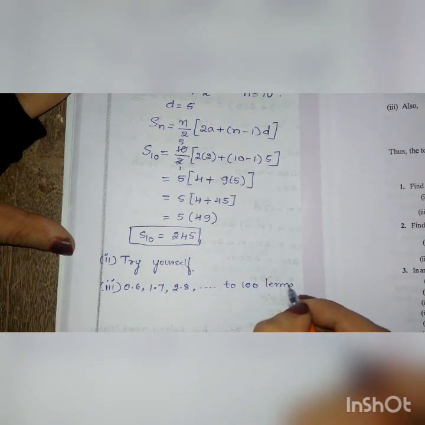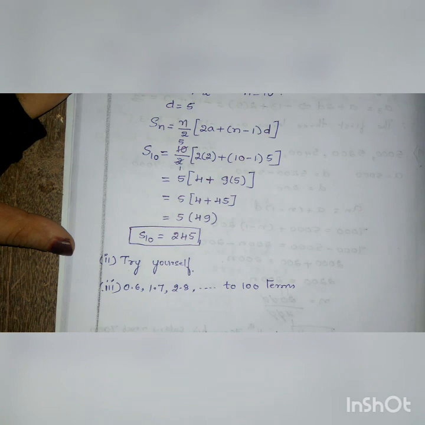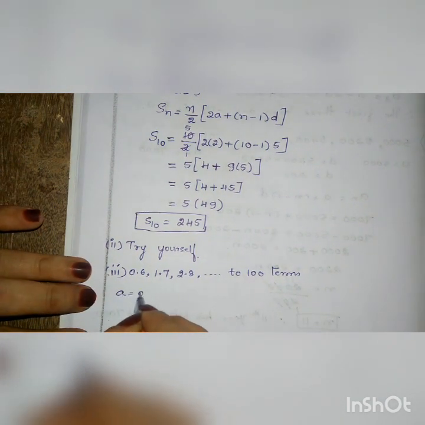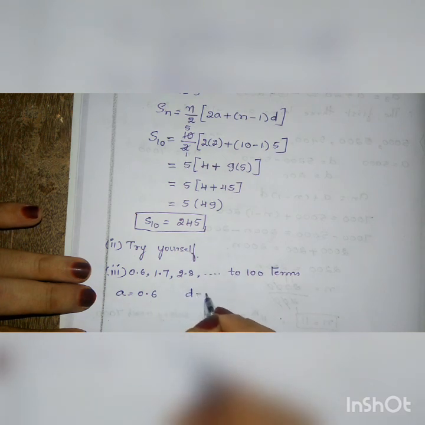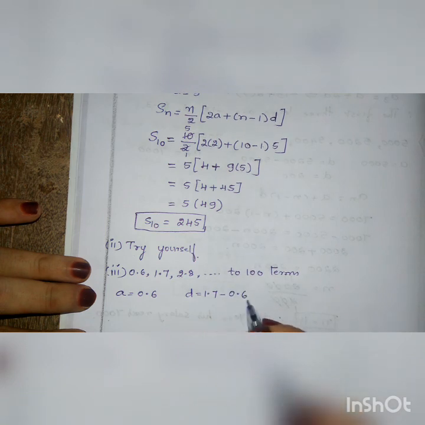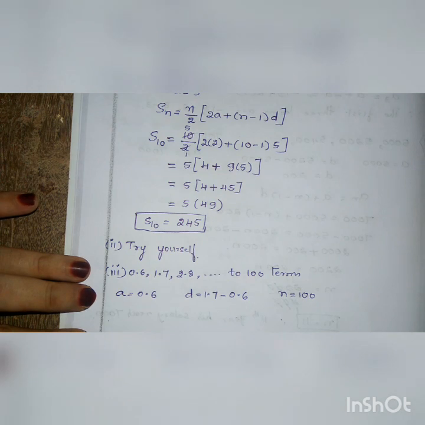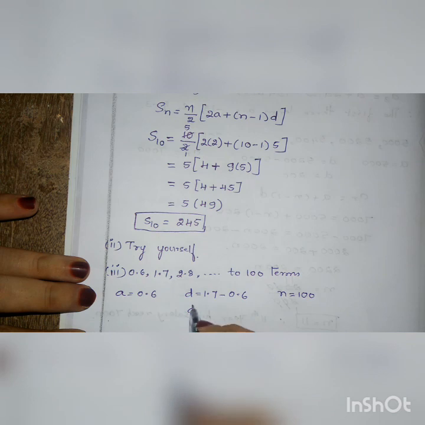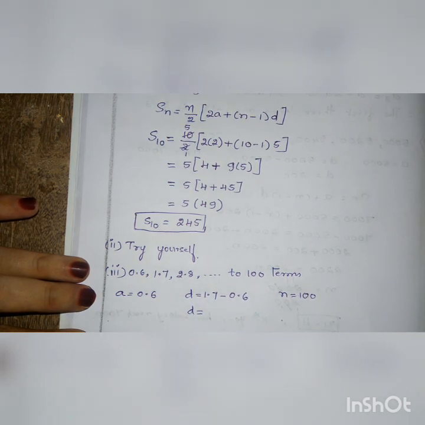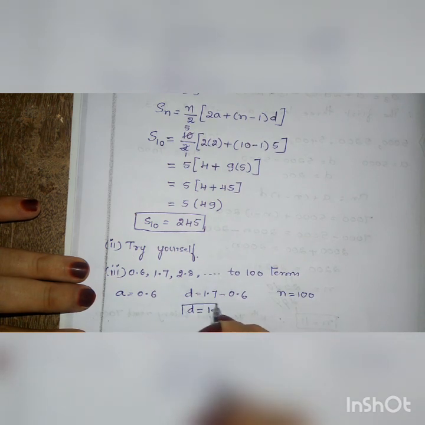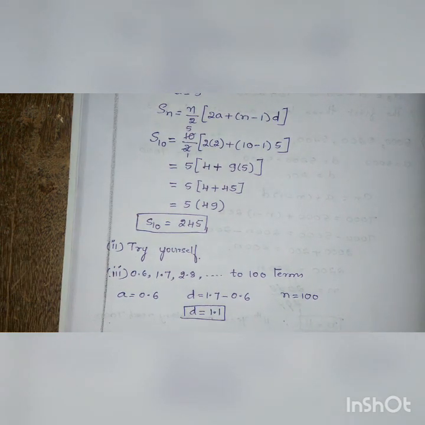Okay, they have told 100 terms, so we need to find S100. A = 0.6, d = 1.7 minus 0.6, and n = 100. So 1.7 minus 0.6, if you do, you will get 1.1. We will write 1.1 as the d value. If you subtract this, you will get 1.1.